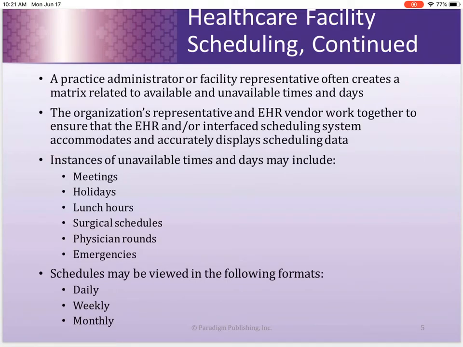A typical EHR schedule for an ambulatory care facility displays a calendar, and this has lists of available providers such as physicians, nurse practitioners, and physician assistants, and a list of open appointments, currently scheduled patients, contact information, types of appointments, and notes.